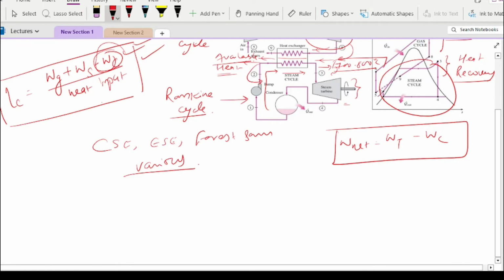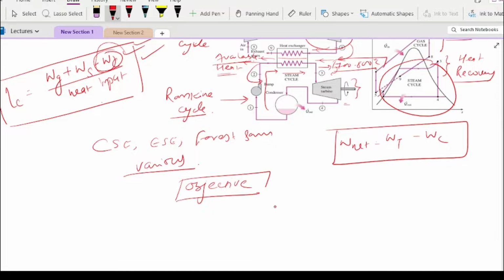Now generally one objective question can be asked to arrange the efficiency in increasing or decreasing order.